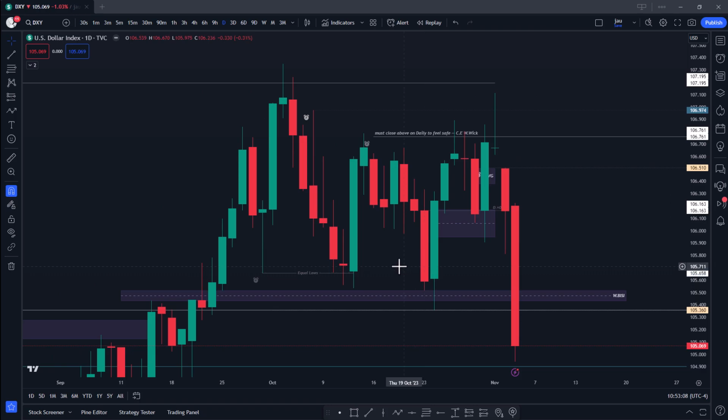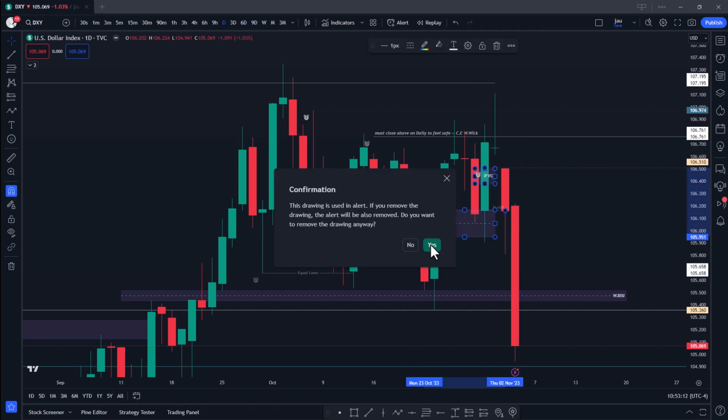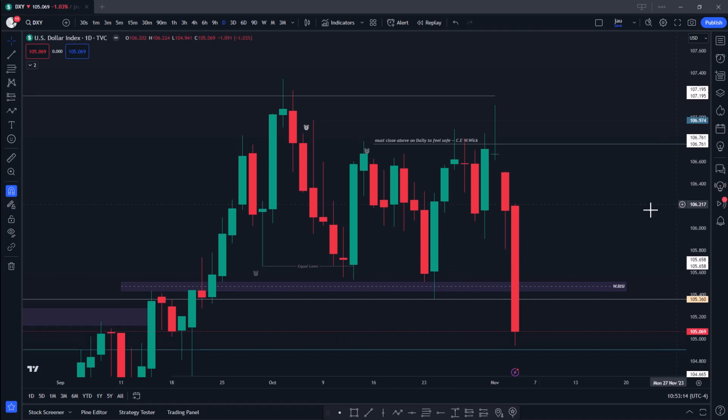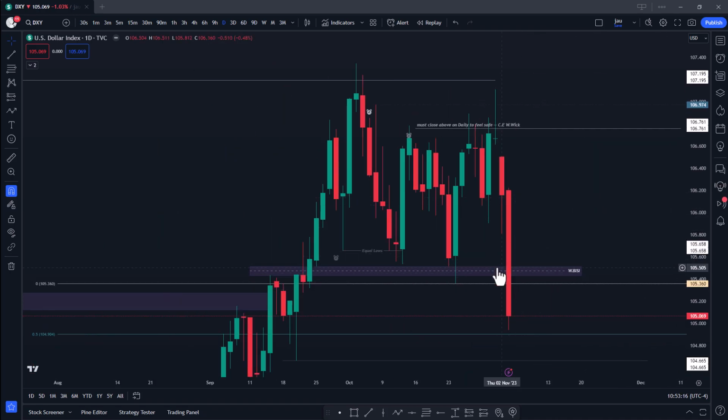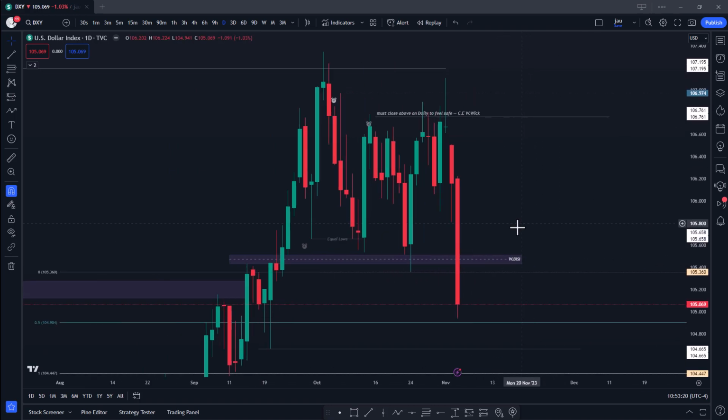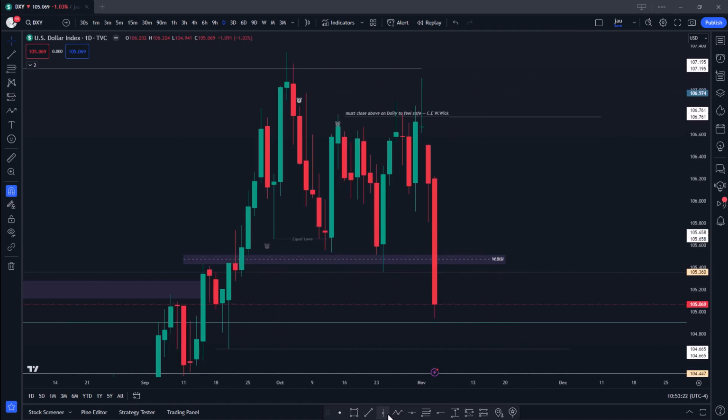So let me also get rid of these illustrations, and we can see the weekly BC that I just mentioned that we closed below. We might see price potentially coming back to trade into it and rejecting lower.